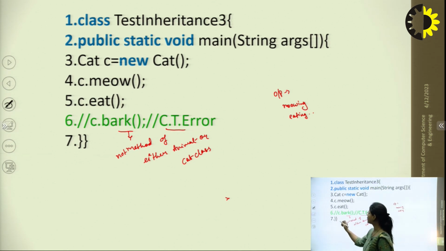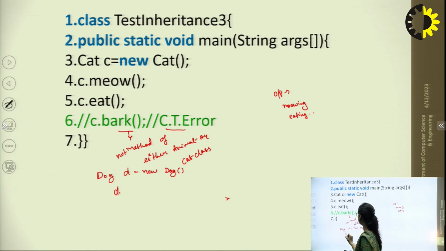We have to create the object for the Dog class, like Dog d equals new Dog, and then I can say d dot bark and d dot eat.